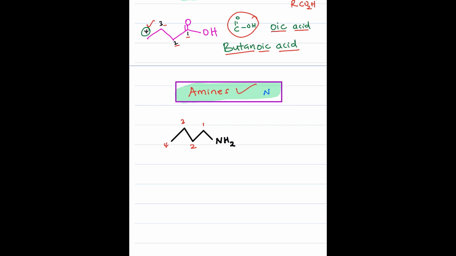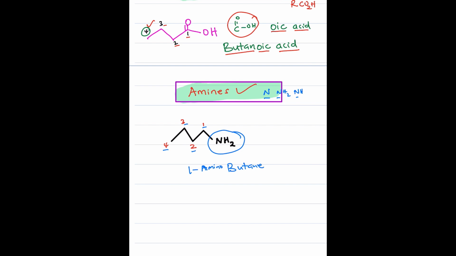Last one, amines. Amines contain nitrogen or NH2 or NH groups. So in this case, we see that we have the NH2 there, connected to that carbon number 1, and then 2, 3, and 4, we have 4 carbons, and because we have 4 carbons, then the name there is butane, and then we say 1-aminobutane.